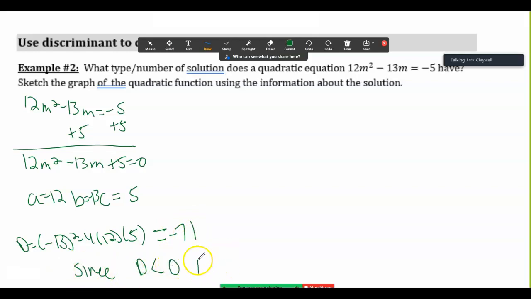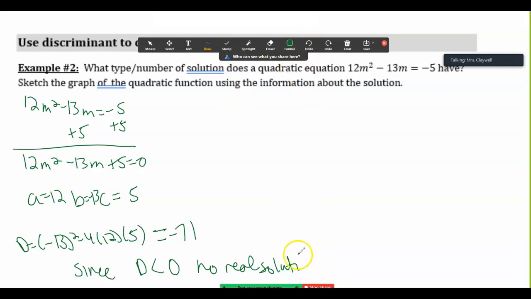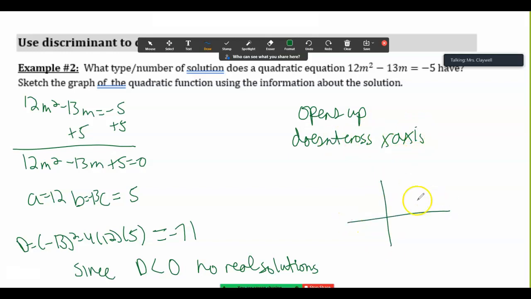And since the discriminant is less than 0, no real solutions. So we know this opens up and doesn't cross the x-axis because I have no real solution. So it's going to look something like this.